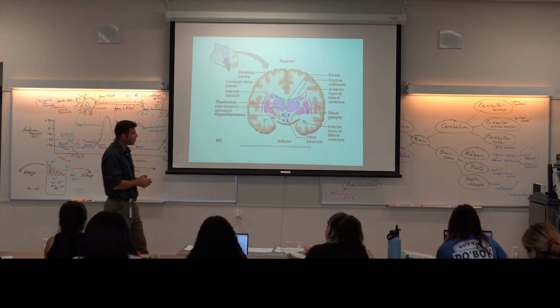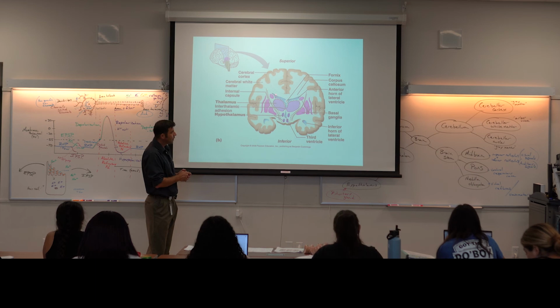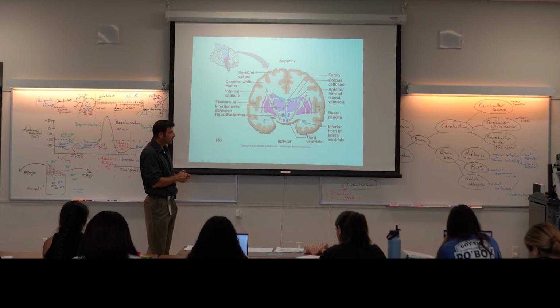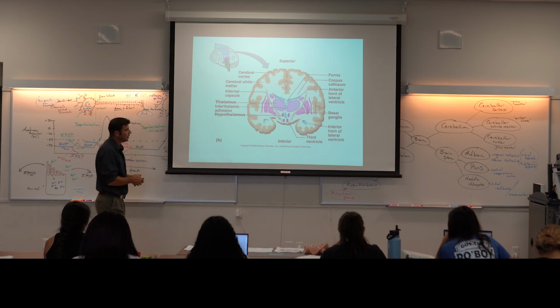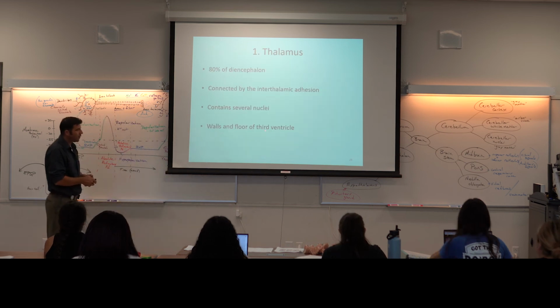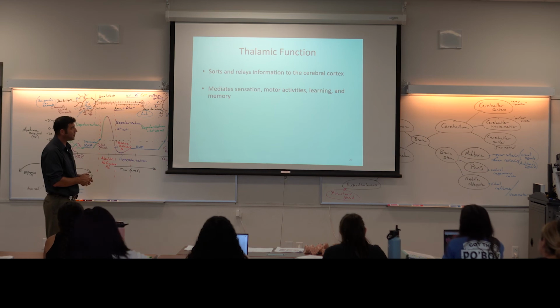If I go back to this picture, these are going to be what we call lateral ventricles. But as soon as we get into this pocket of fluid that surrounds the interthalamic adhesion, that is what we call the third ventricle. Really, the walls of the third ventricle are made by the thalamus itself.